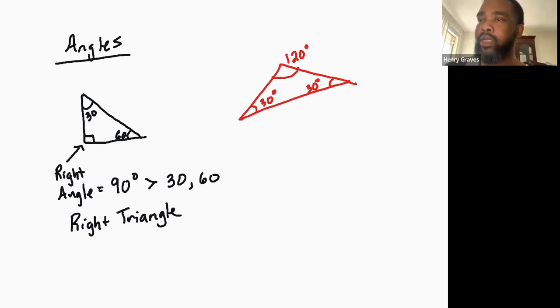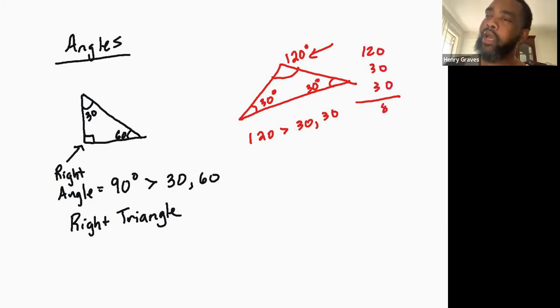Since 120 is greater than the two 30 degree angles, and 120 plus 30 plus 30 is 180, all triangles add up to 180. Because 120 is the largest angle, this makes this an obtuse triangle.